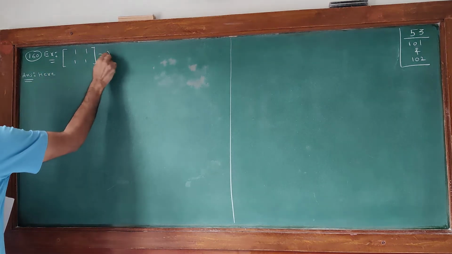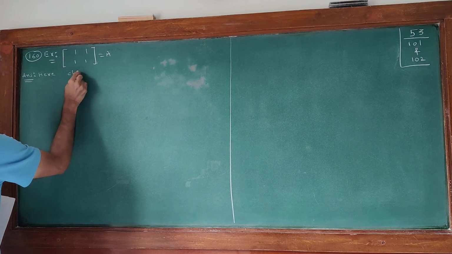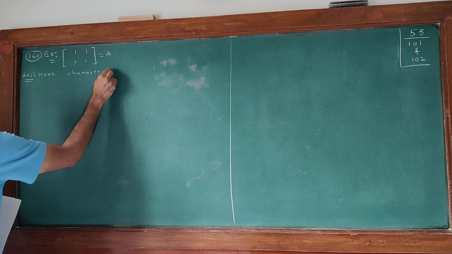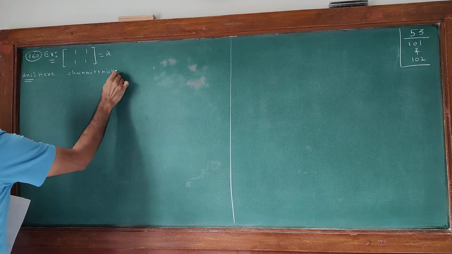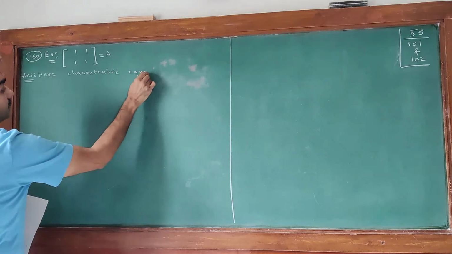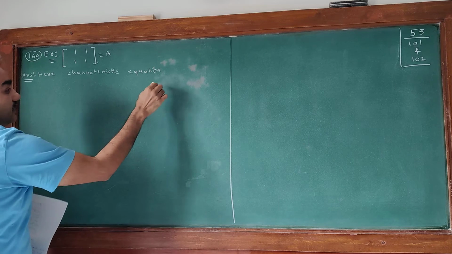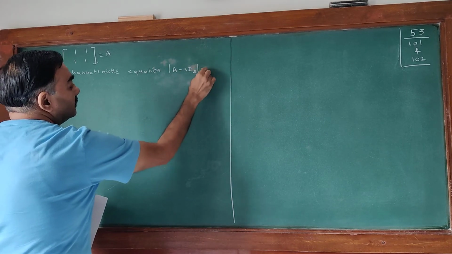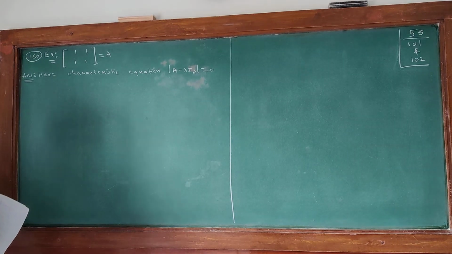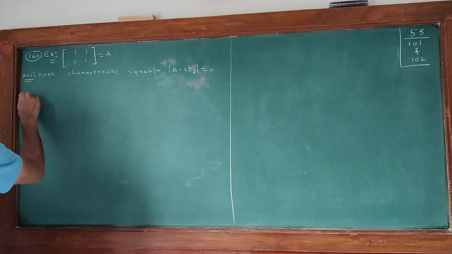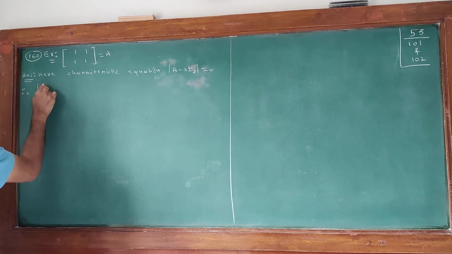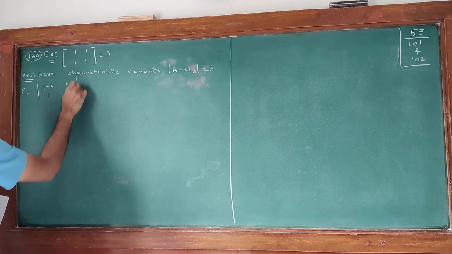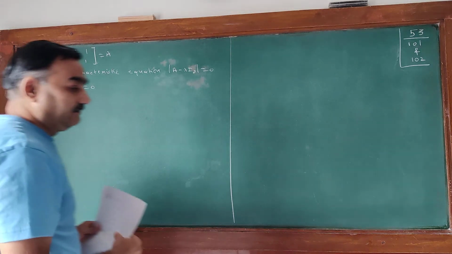Here the characteristic equation is A minus lambda I2 equal to 0. Therefore, determinant of 1 minus lambda, 1, 1, 1 minus lambda.